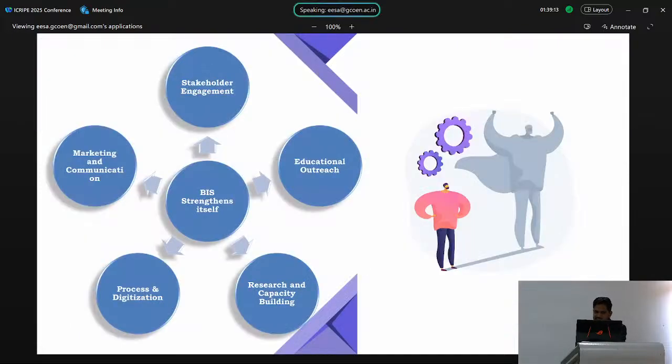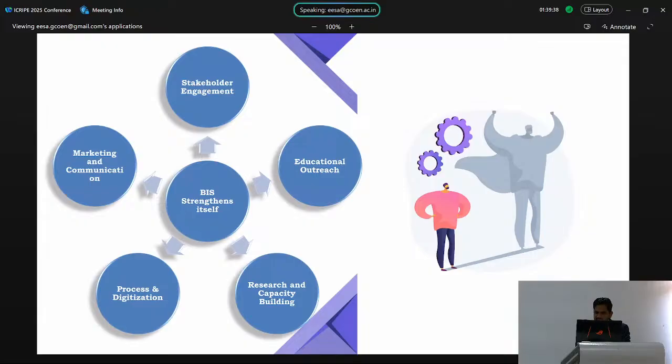So while preparing the standard, in order to strengthen our outreach activities, we are mostly focused on stakeholder engagement. There are a lot of stakeholders engaged in the formulation of a standard. Educational outreach is what we are currently focused on, providing information about BIS to different schools and colleges.